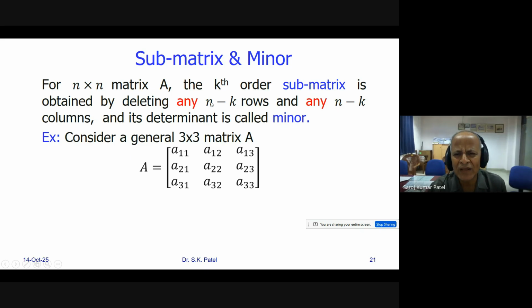If you eliminate any n minus k rows and any n minus k columns, then you will be left with a kth order submatrix. And the determinant of this submatrix is called the minor.